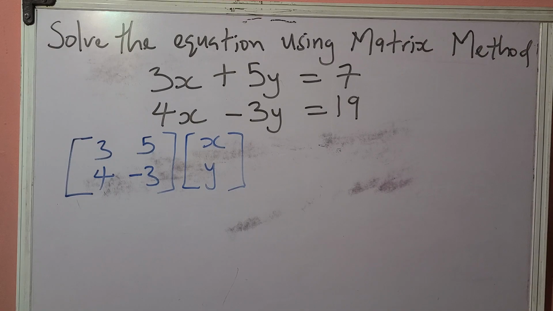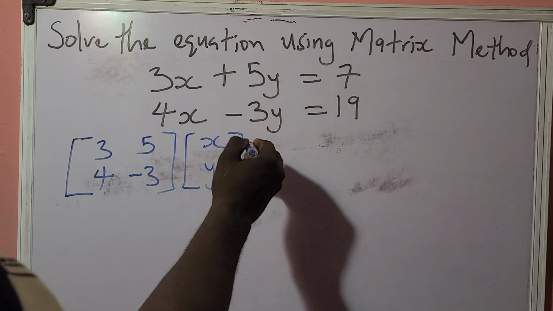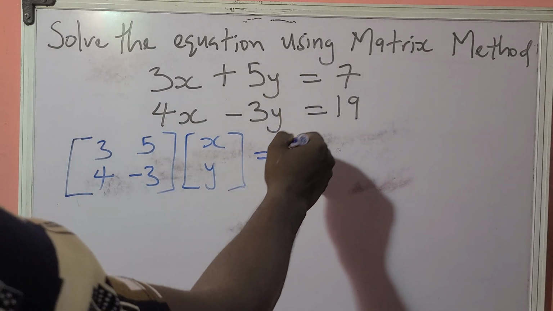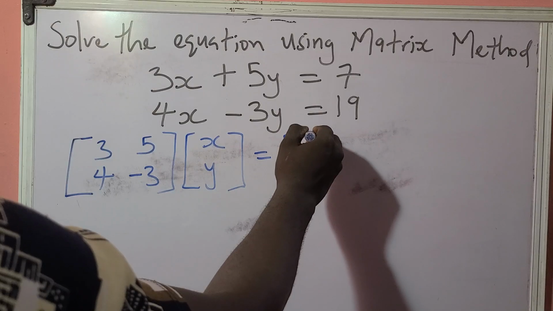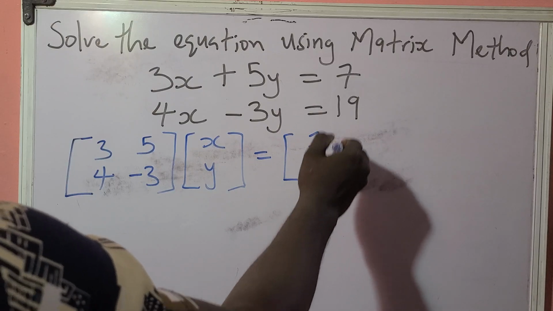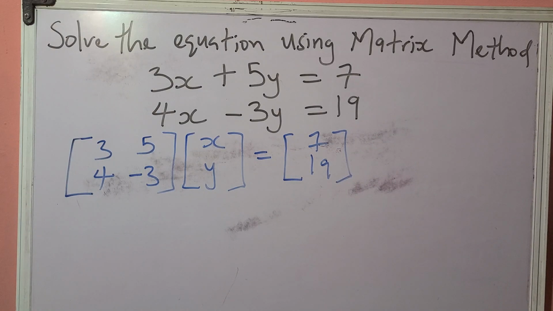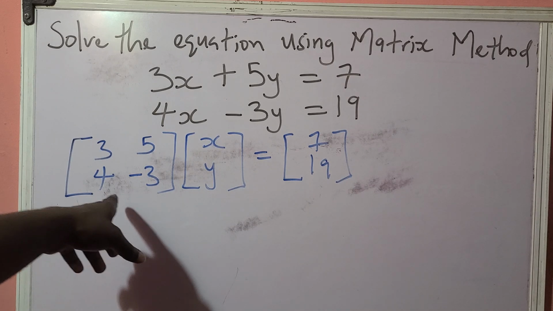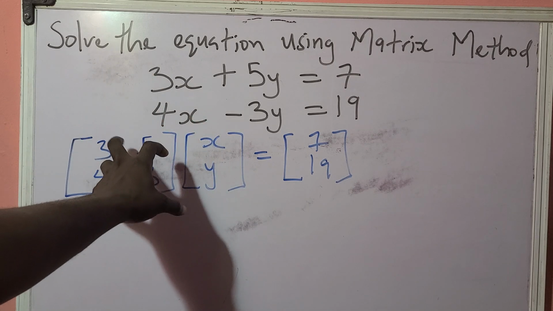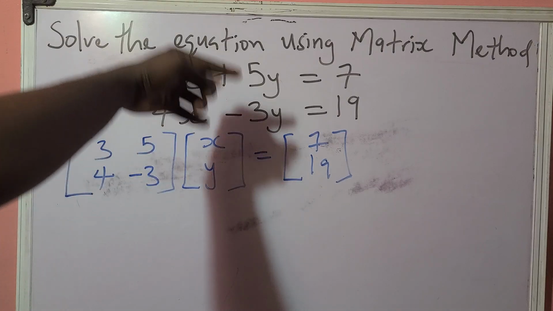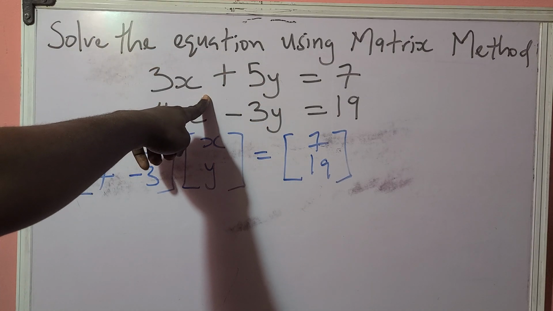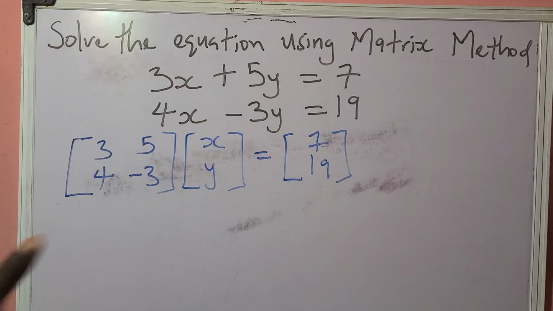The last thing to do is to change this constant to matrix form by writing it in this format. If you multiply these two matrices together, you get a matrix. Equating it to this will bring you back to this equation. So this is us changing the form of our equation to look more like the matrix.